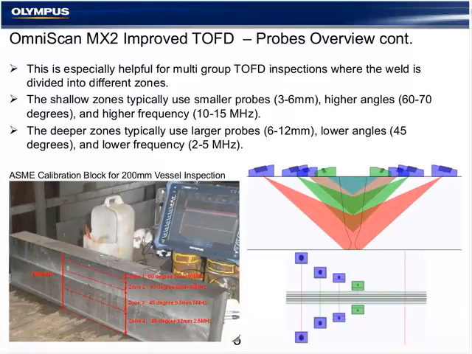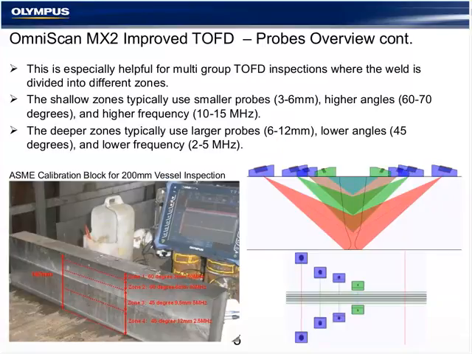And as the zones progress deeper into the material, they become larger in size, and they use lower frequency and larger diameter probes. This is done completely through experimentation on the cal block for what works best, but it's fairly predictable.